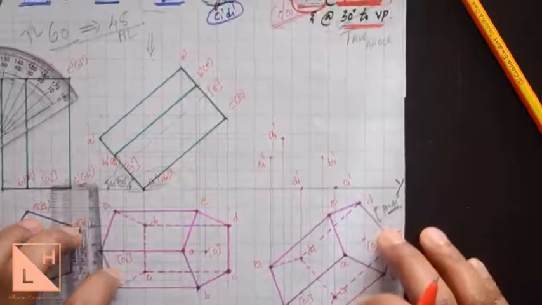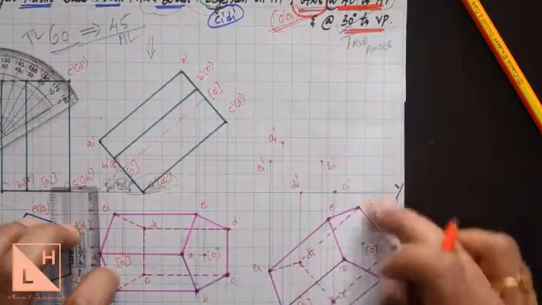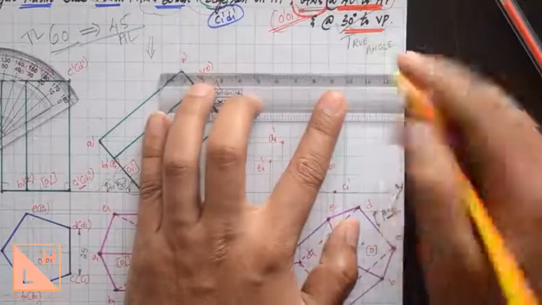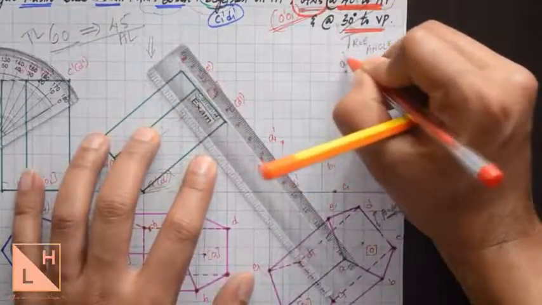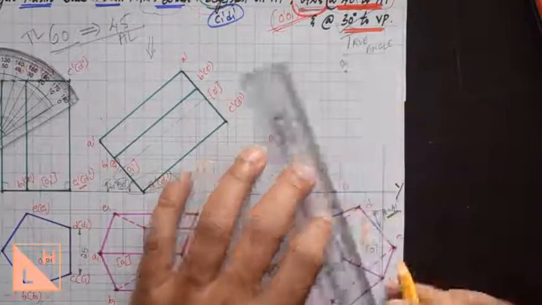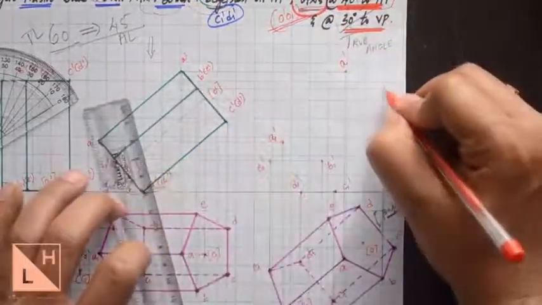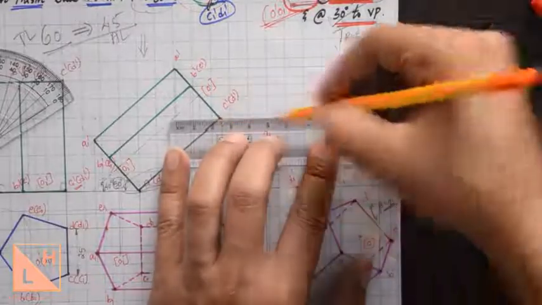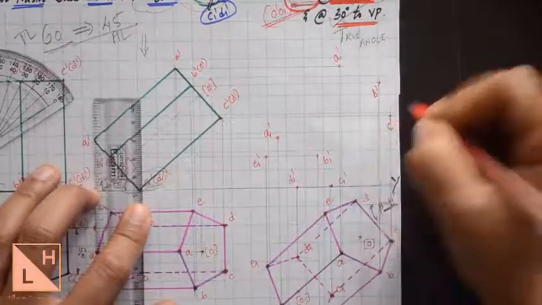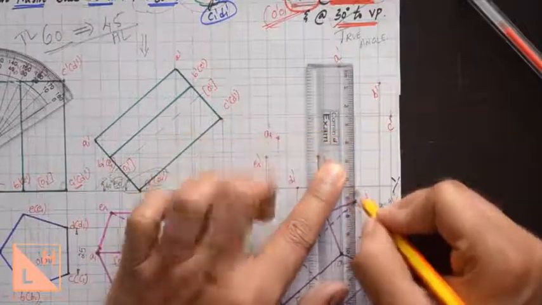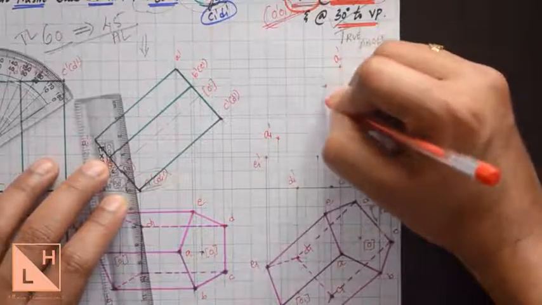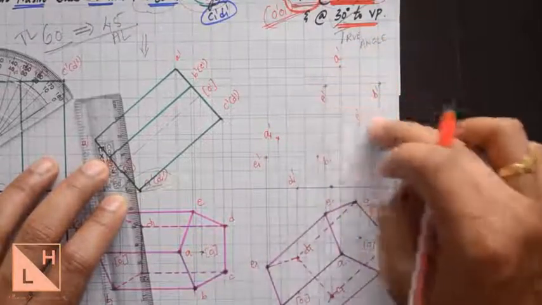In the same manner, we'll draw projection lines to find out the points of the top face, starting from A. That completes the 5 points of the top face as well.